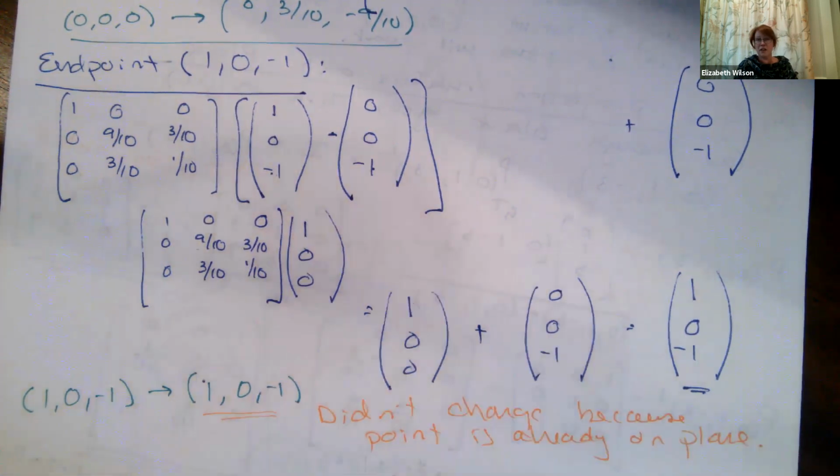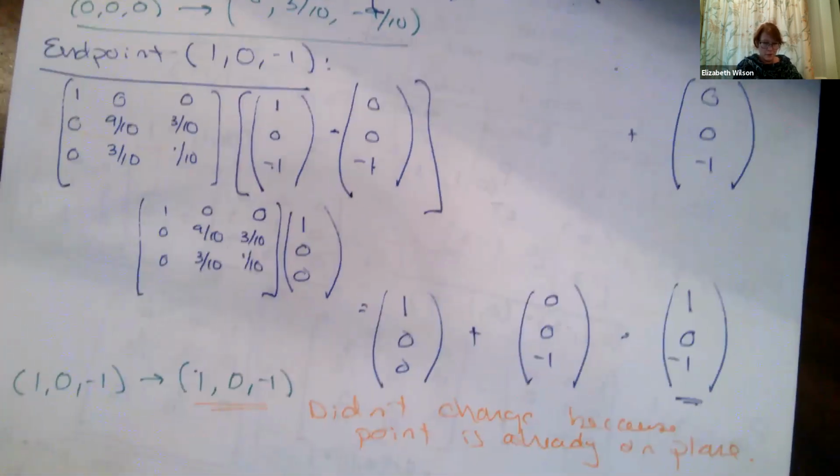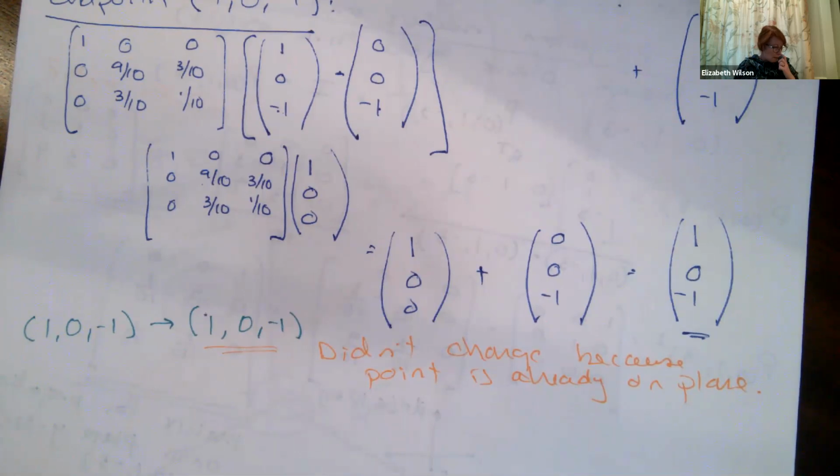Right, the point's actually already there. I don't need to project it because the point's actually on the plane already. It's kind of, we're tricking you a little bit there. It's unfortunate.